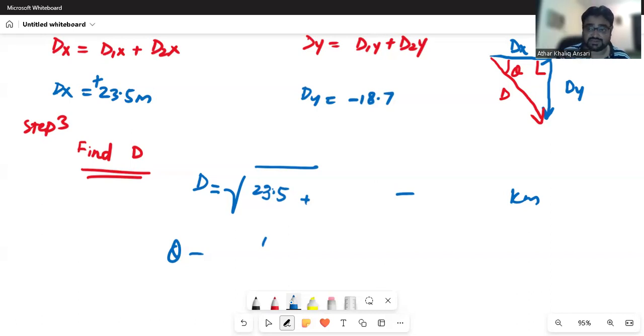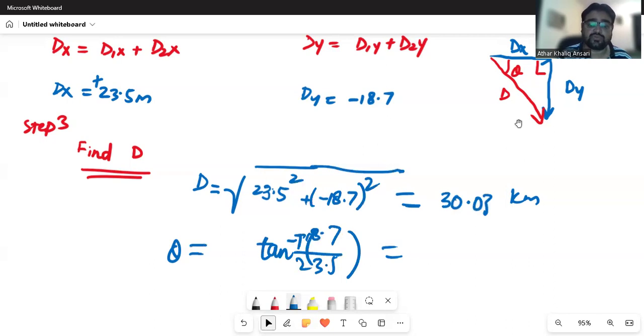But it is in the downward direction, as you can see here in the diagram, that it is going downward. So I'm hopeful that you guys might have understood this one.